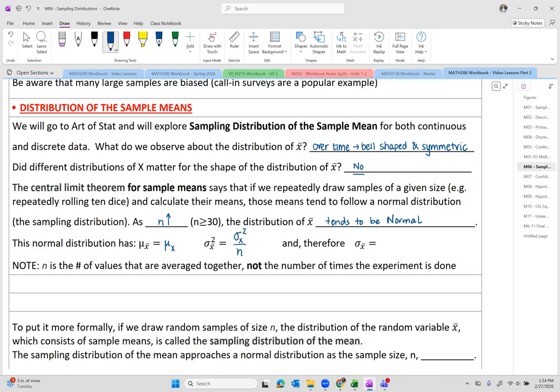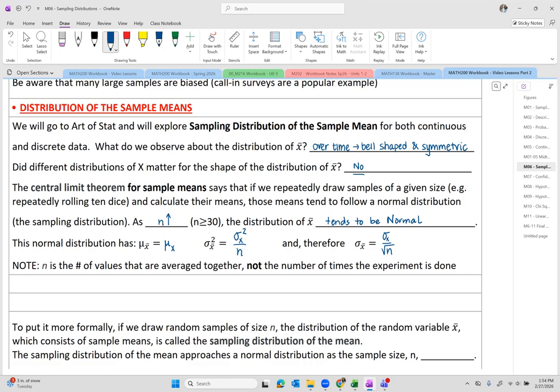And if I take the square roots, the standard deviation of the sample mean is the standard deviation of your variable divided by the square root of n. And because the square root of 5 is a much smaller number than the square root of 20, the larger your sample size is, the closer you will be to the actual mean.